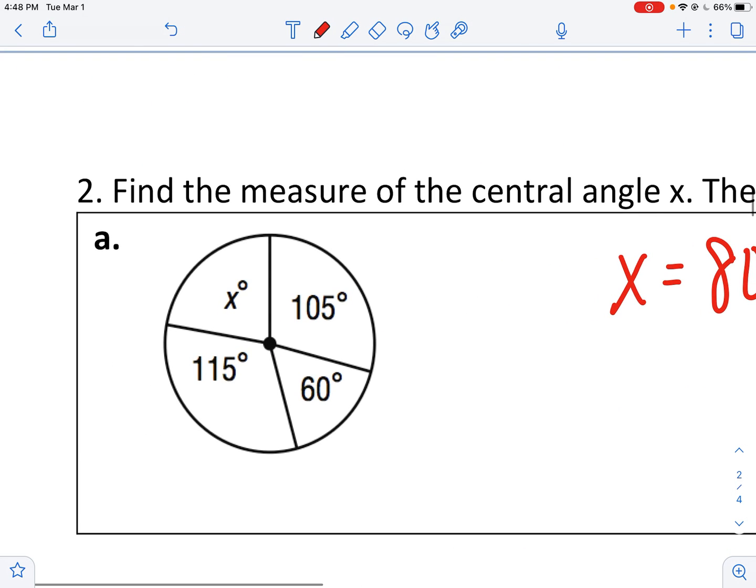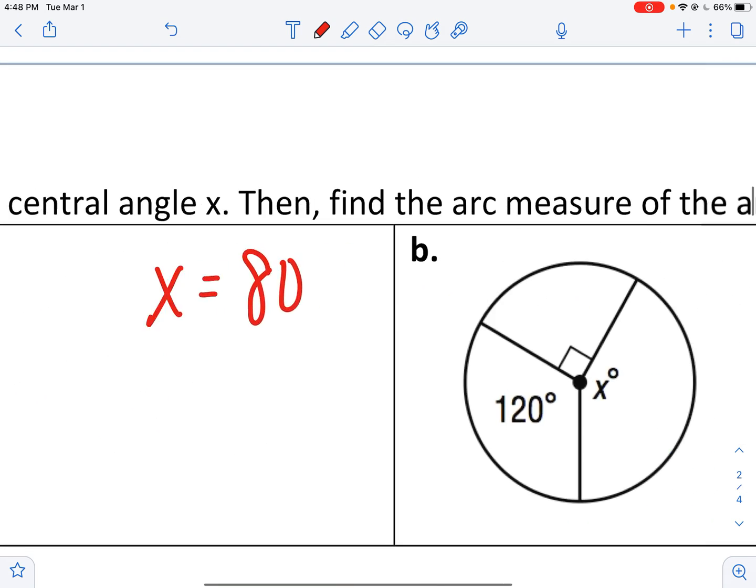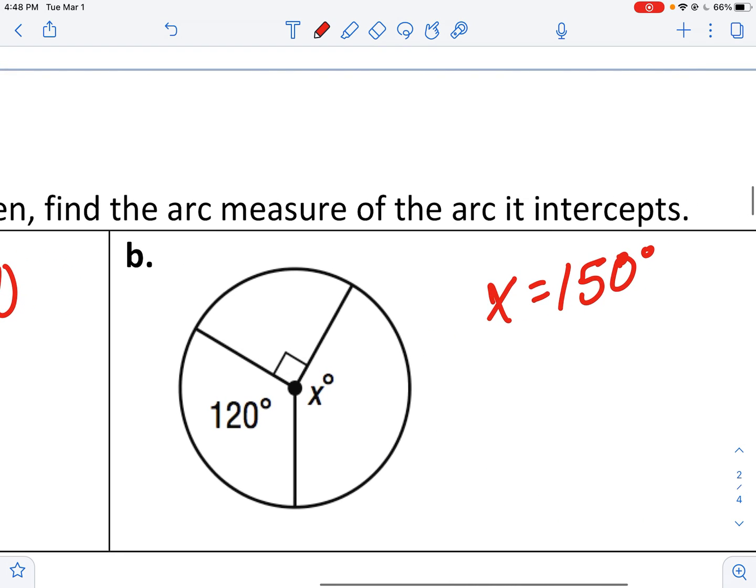So if 2A, if this is 80 degrees, then this arc is also 80 degrees. Or if here x is 150 degrees, then the arc that it intercepts here is also 150 degrees.